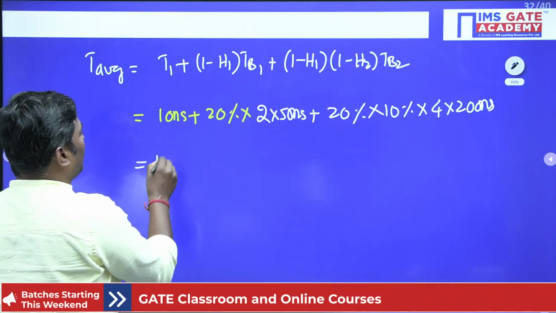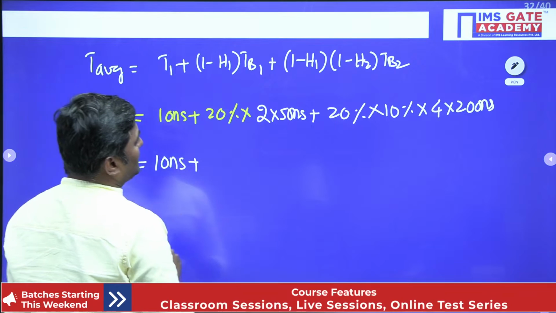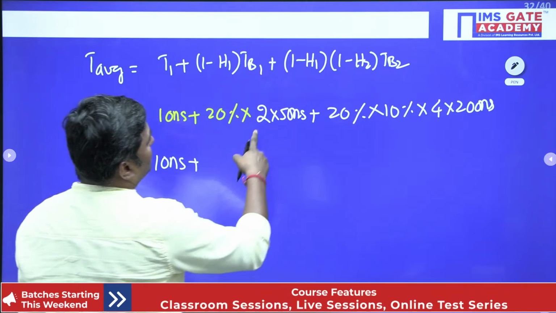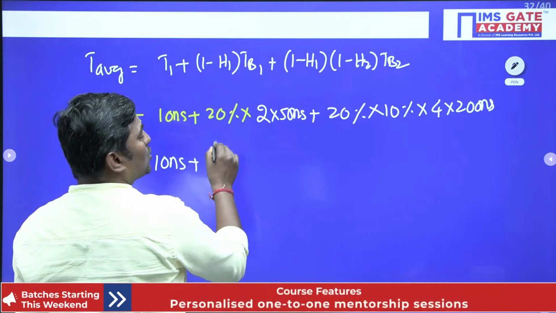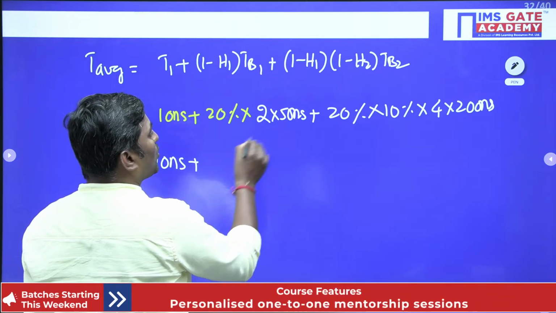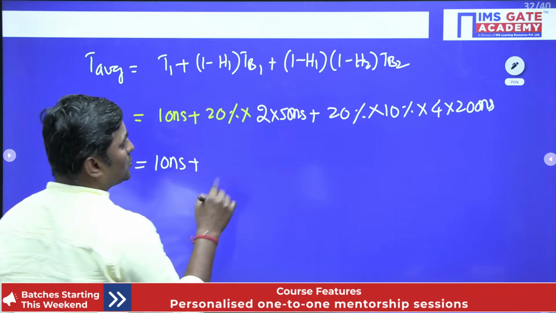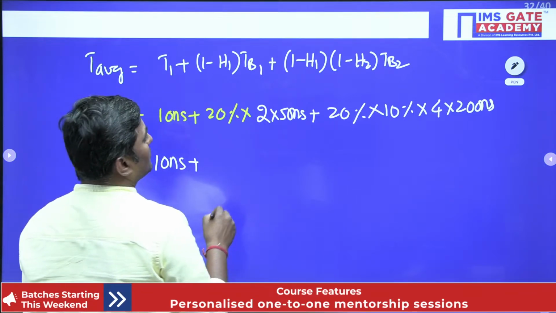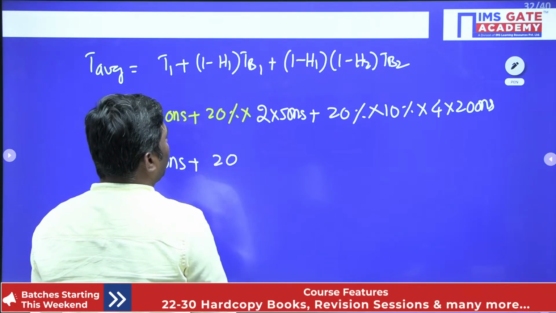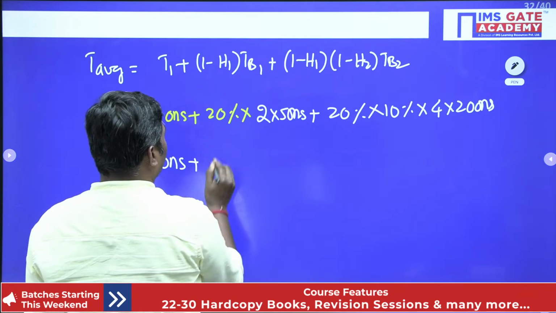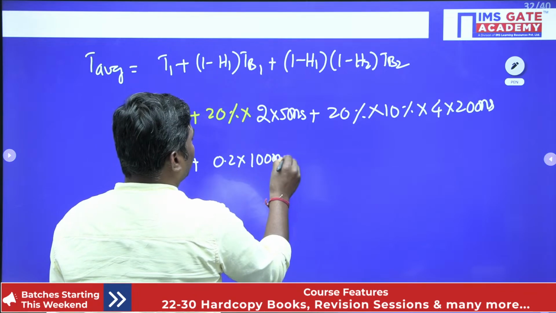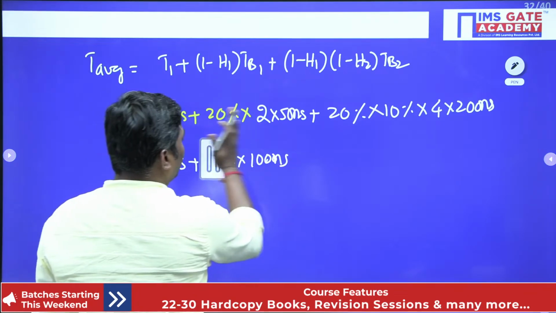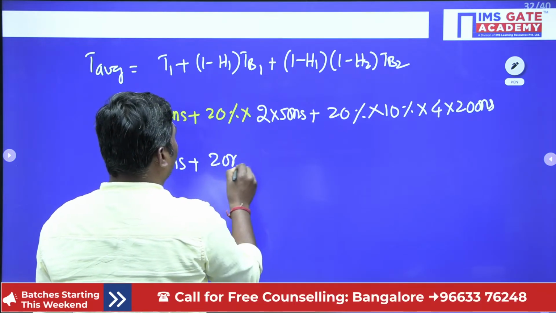Now simplify. 10 nanoseconds plus how much is this value? This is 100. 100 times 0.2, so this is 0.2 into 100, right? The zeros cancel, so 20. 0.2 into this is what? 100 nanoseconds, the zeros cancel, so 20 nanoseconds directly. 20 nanoseconds plus.